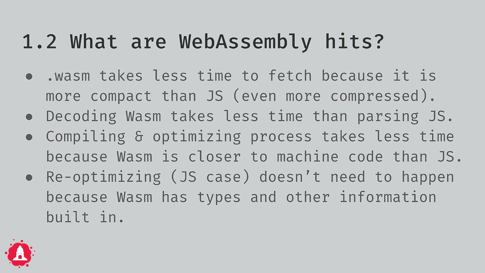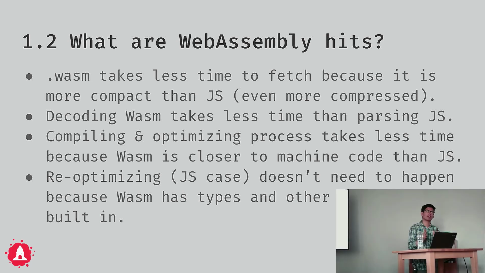Remember that JavaScript is also sandboxed, but WebAssembly is something more strict, and more direct, more specific to the target, as we'll see later when we compare it with the JavaScript machine.